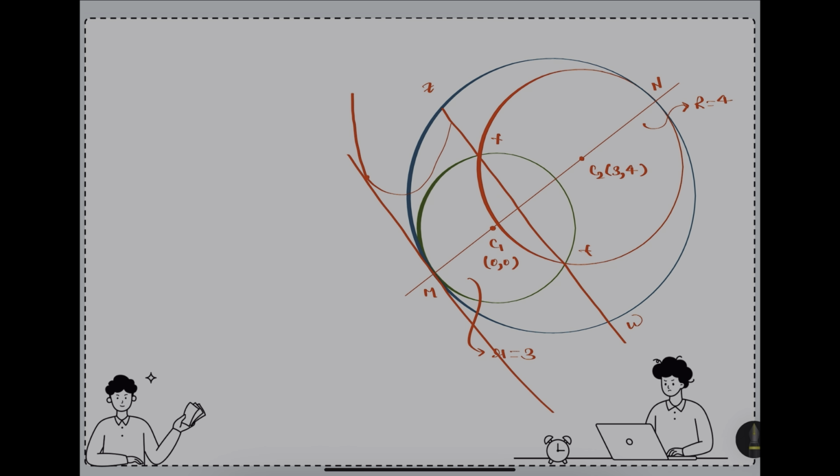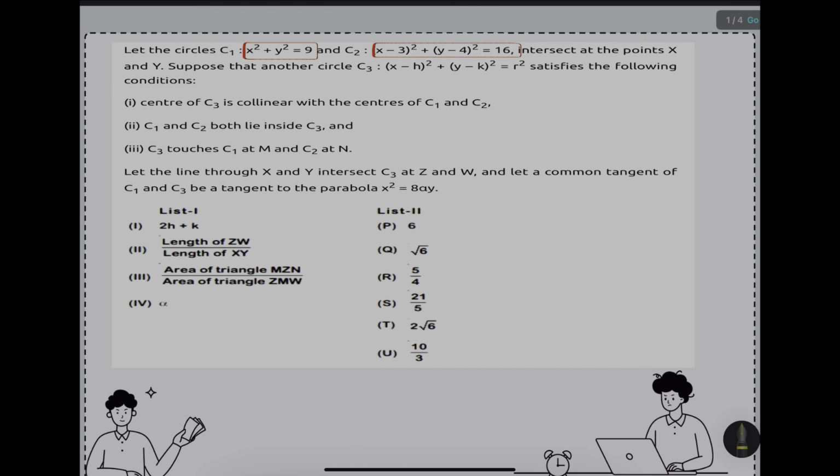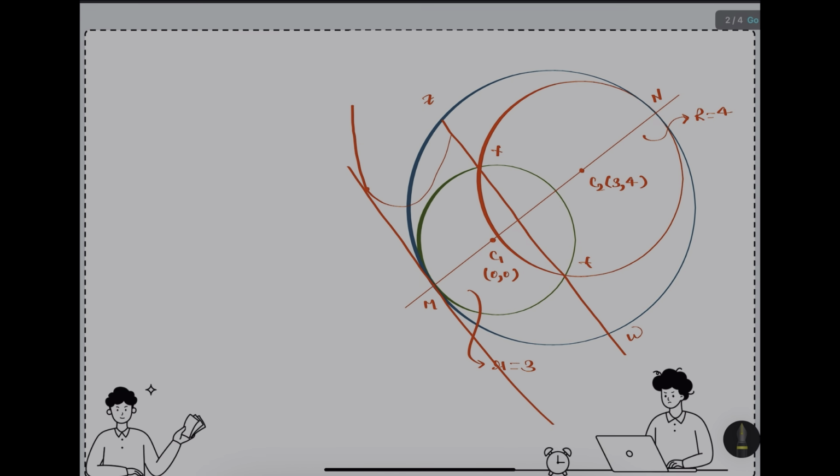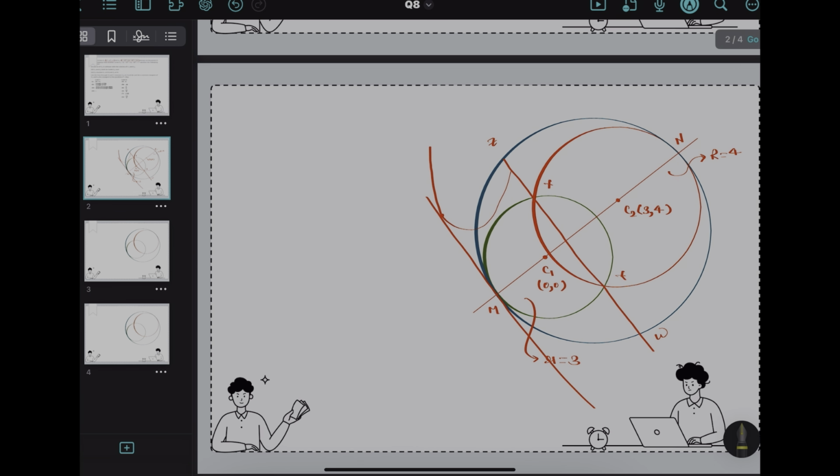Now, what is the required thing? We have to find the center of the circle, which means we have to find everything, then only we can answer. Now look at this. I'll duplicate this page.